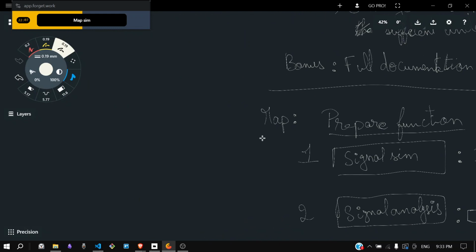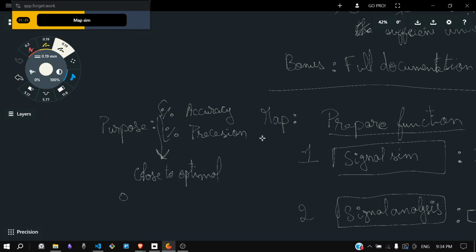So here when we map, our purpose is to find a percentage of accuracy, a percentage of precision, and we want it to be as close to optimal or close to the current limitations.